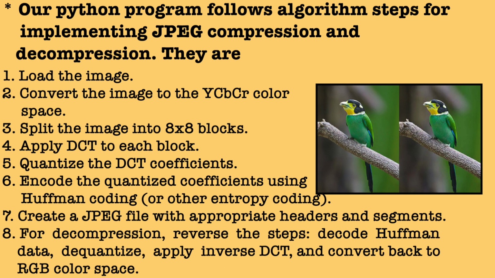Next, encode the quantized coefficients using Huffman coding, and next, create a JPEG file with appropriate headers and segments, and the eighth step is decompression. Reverse the steps: decode Huffman data, dequantize, apply inverse DCT and convert back to the RGB color space.